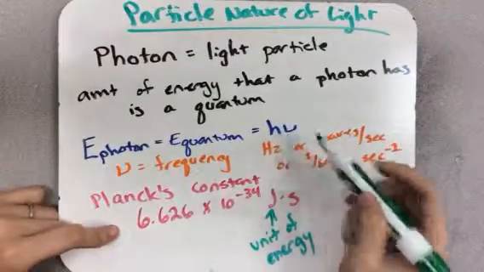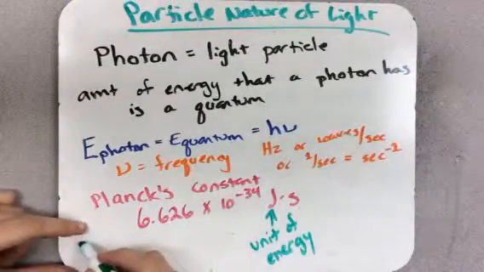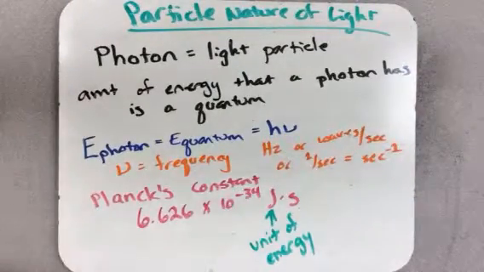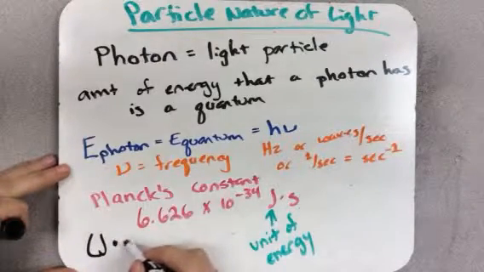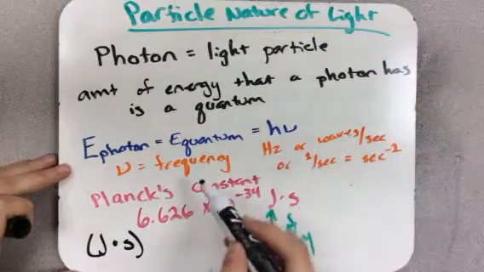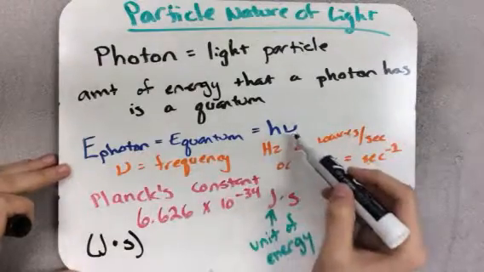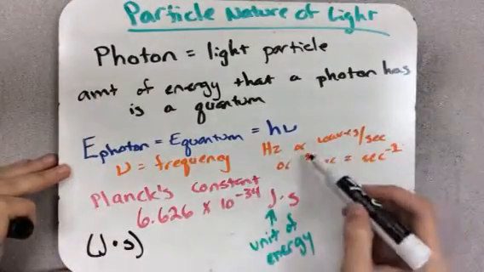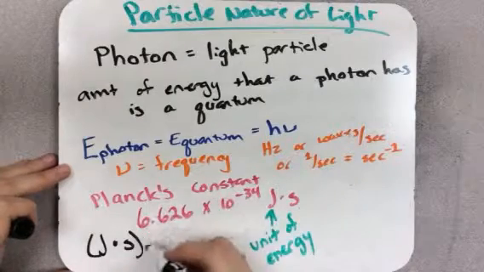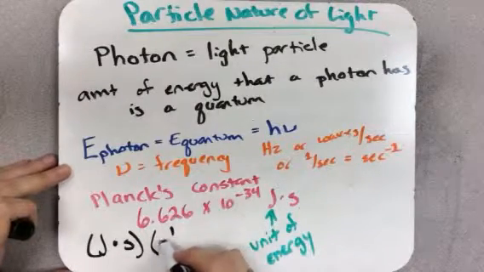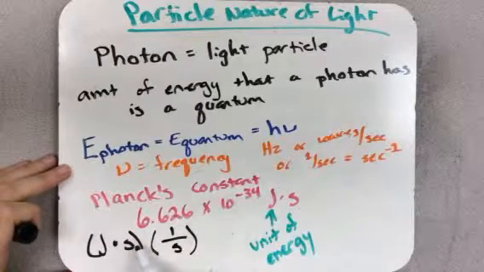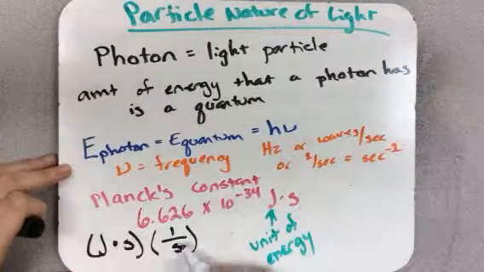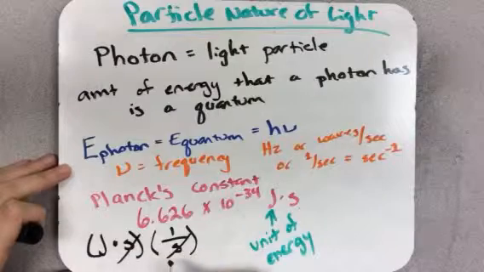Now let's see if that really works. If we have Planck's constant, in which case we have units of joules times second, and we're multiplying that by frequency, and I'm going to use this 1/second. Multiplying by 1/second, now we have seconds in the numerator, seconds in the denominator, in which case they cancel out.